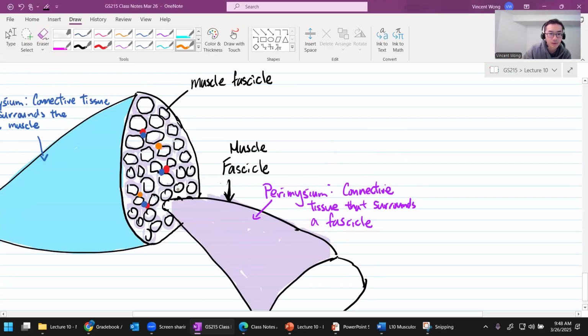Nerves here and there. So that's nerves, and these are blood vessels. Okay.